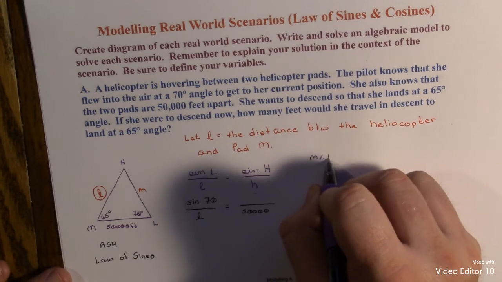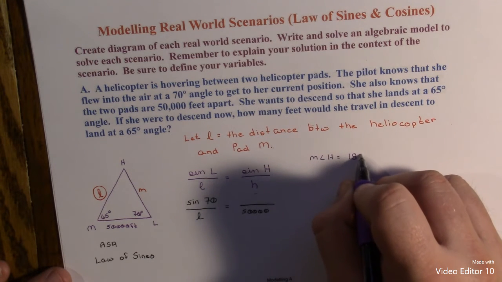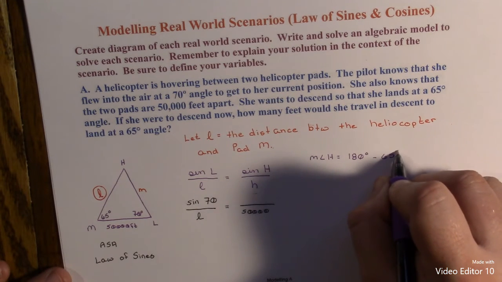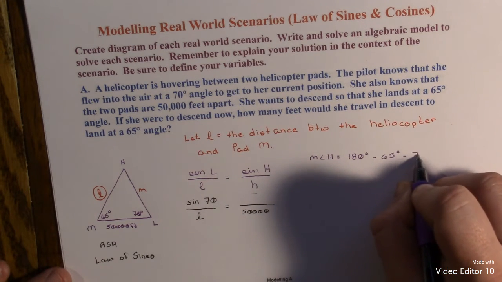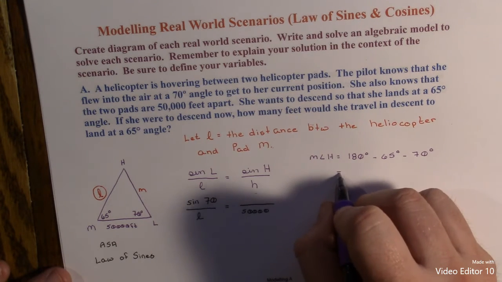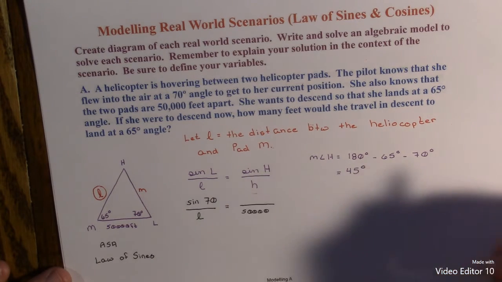So the measure of angle H would be the 180 degrees of the triangle minus 65 degrees of angle M and 70 degrees of angle L, which leaves us the measure of angle H is 45 degrees.